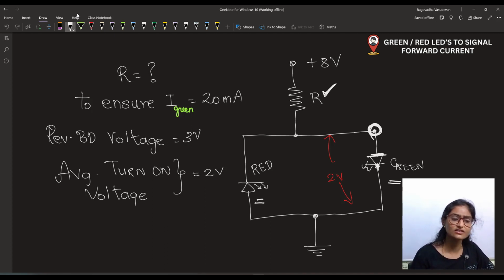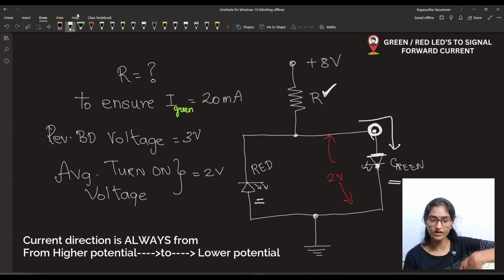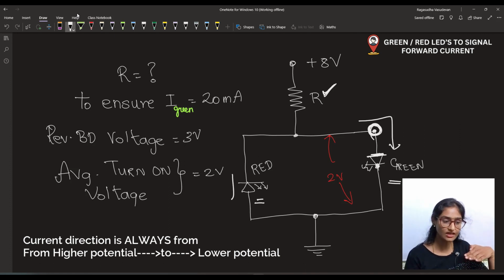Okay, and if you understand this a little bit, if the current direction is from here to here, which is in the downward direction, green LED will be on, and if the current direction is like this, when will it be like this? This is 0 volt, and if this is at a negative potential, then the potential at the P side of the red LED will be more than the N side.